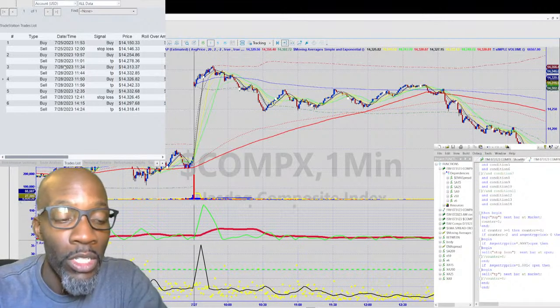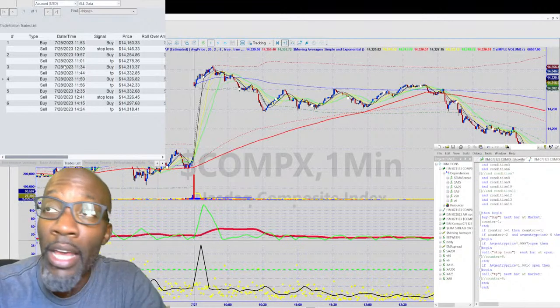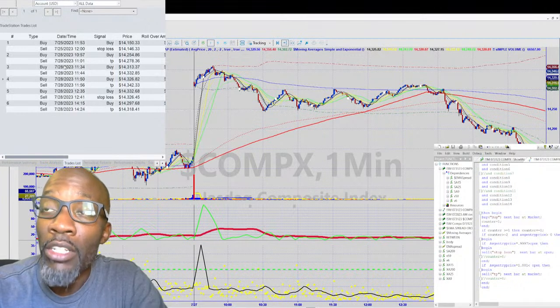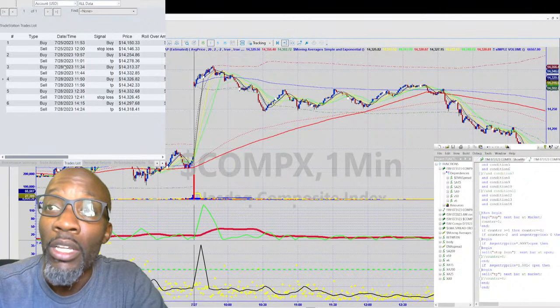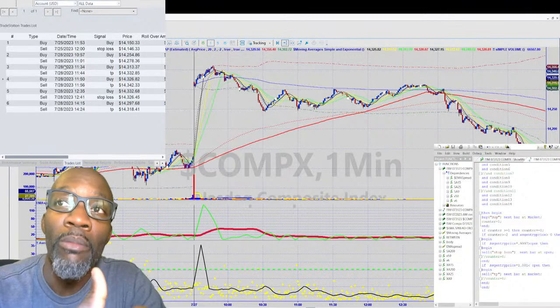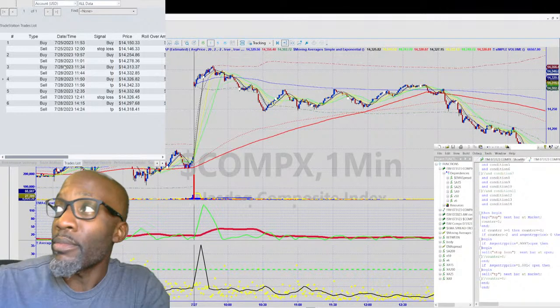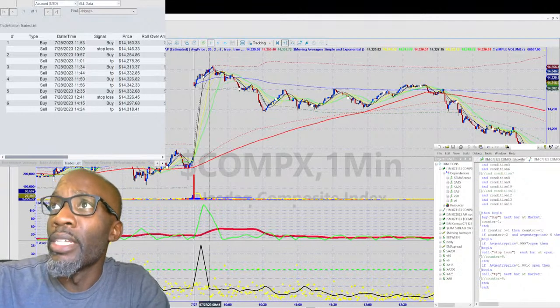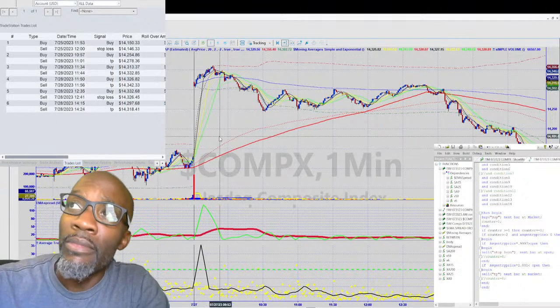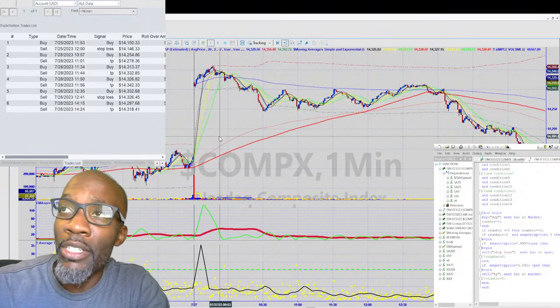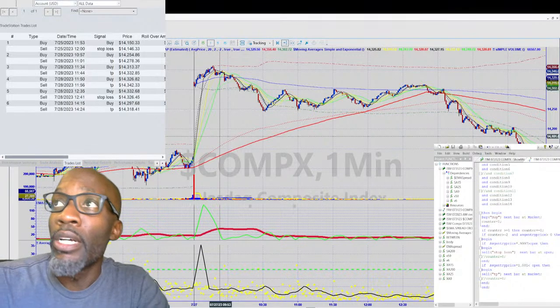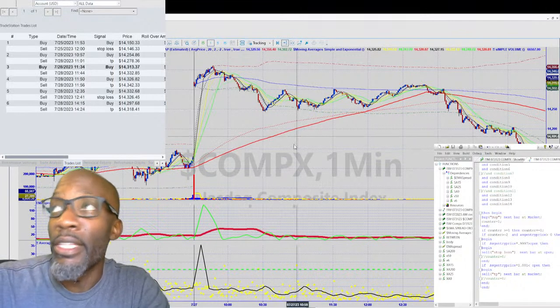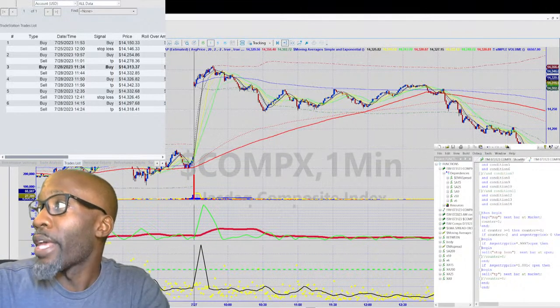What causes one stock to move on one day does not permit the stock to move like that on the next day, because there may be another condition that's contradicting that initial setup. So the fact that I was able to get the study to be that specific and really weed out pretty much all the other days in this range, I think that's a good sign. So I'll hang on to this one.